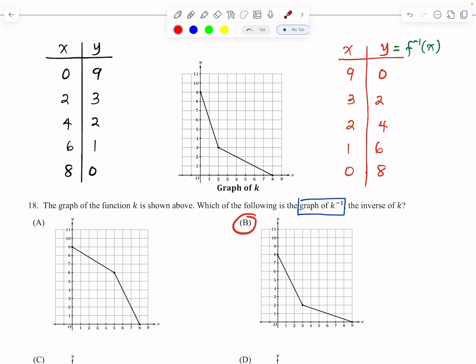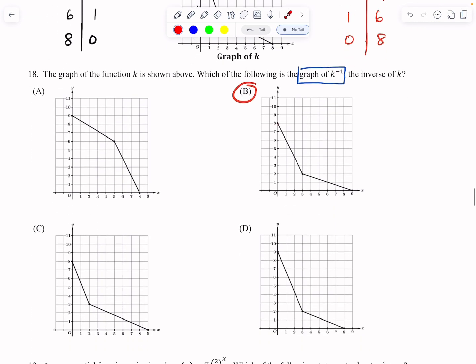And if you go further, when x is equal to 3, you have your y equal to 2. And when x is equal to 1, you have your y equal to 6. And that is the graph that gives us this table right here.